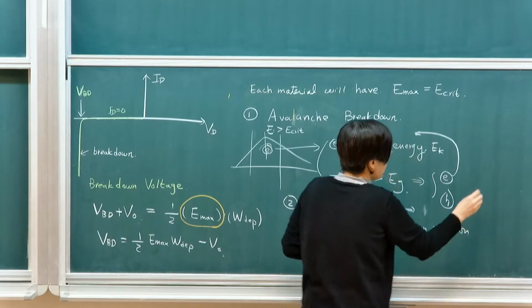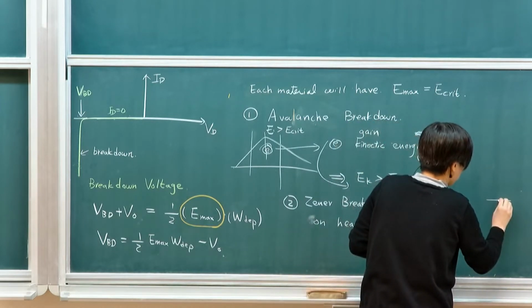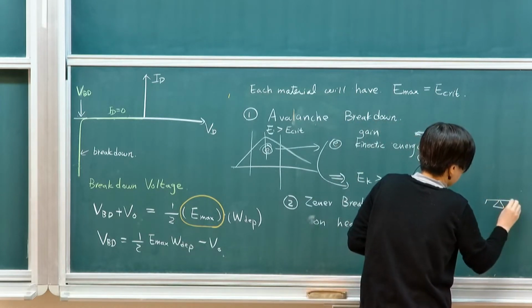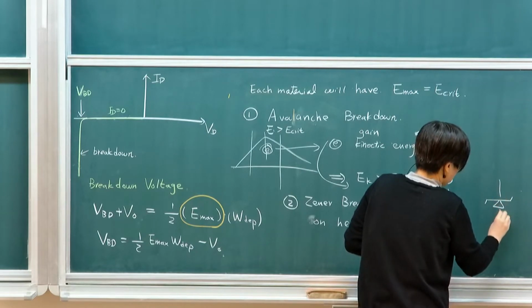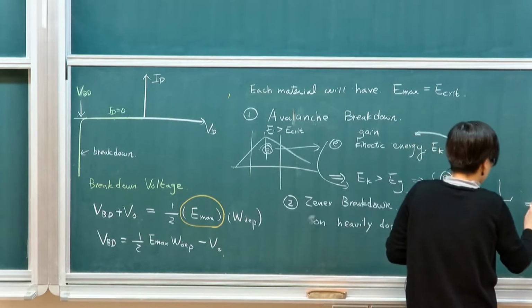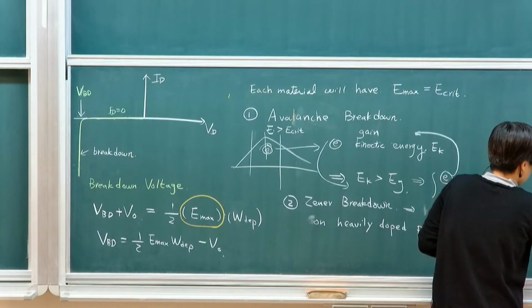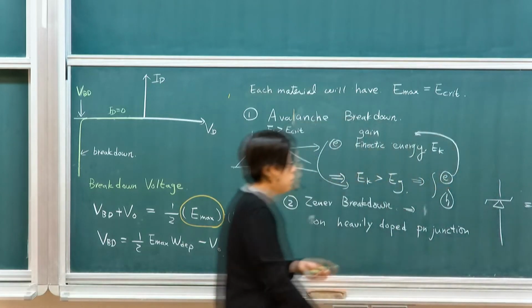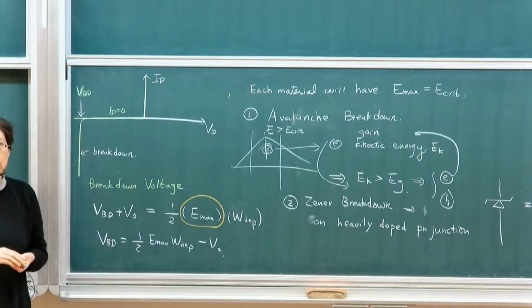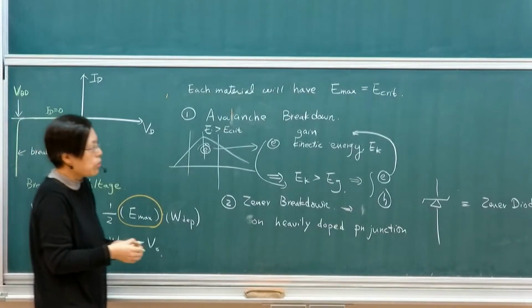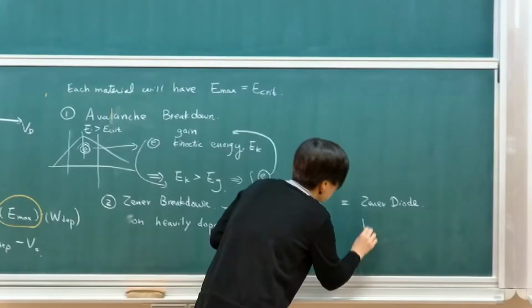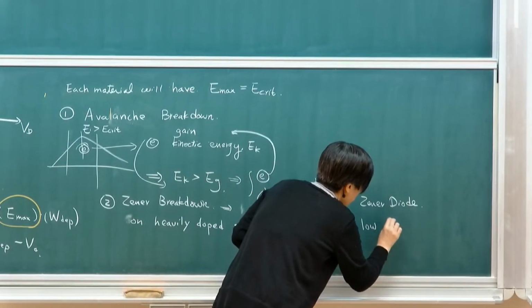So if you see a circuit symbol like this, this is typically referred to as a Zener diode. And it will actually break down at a lower voltage. The Zener diode typically has a low VBD.